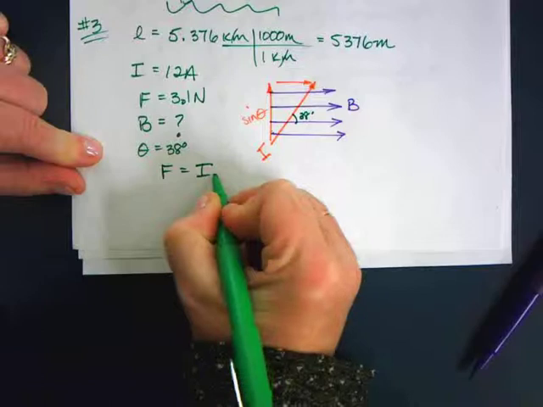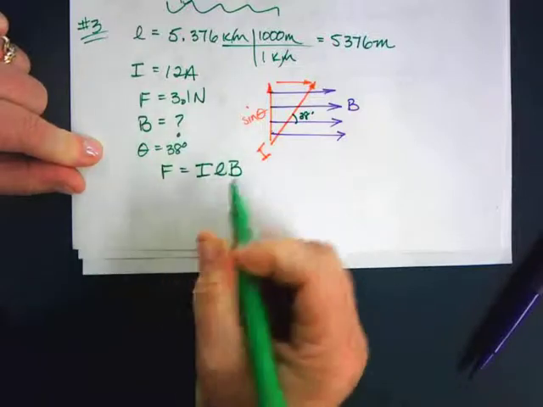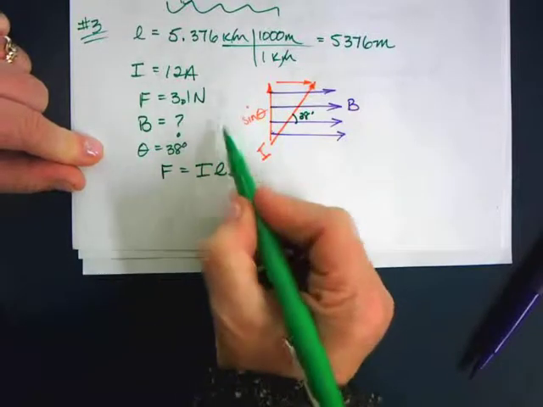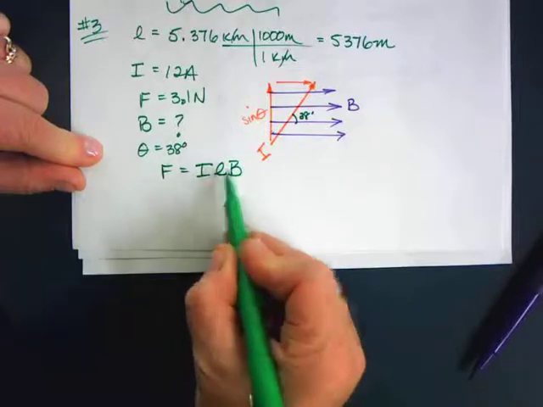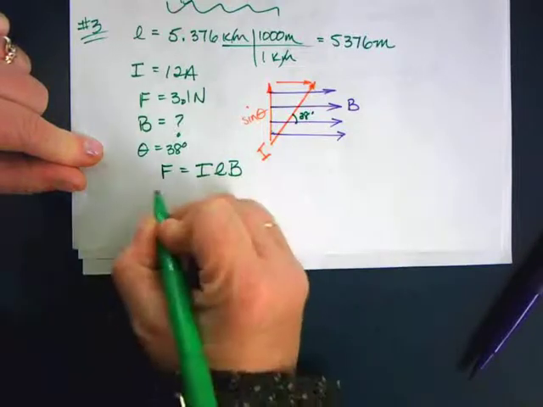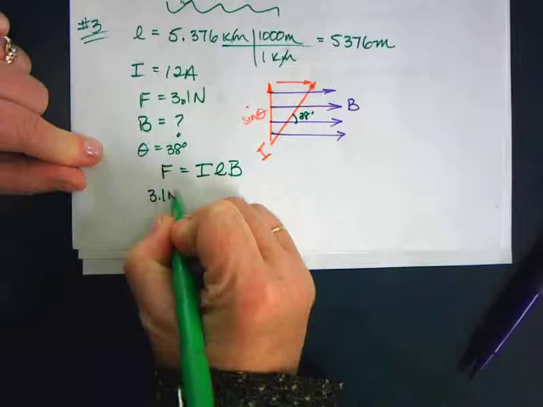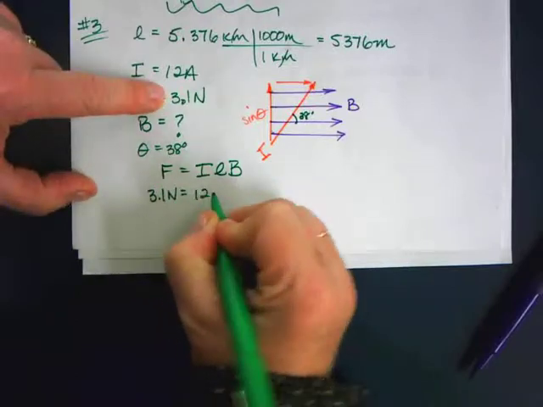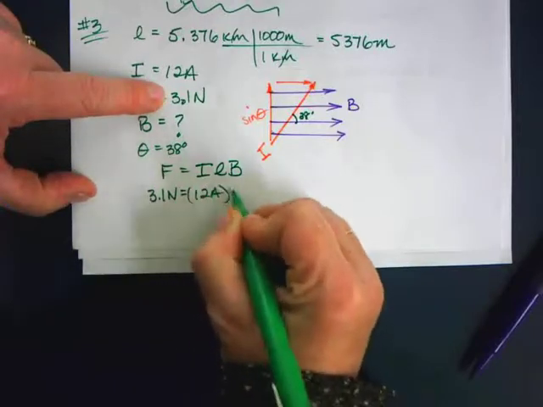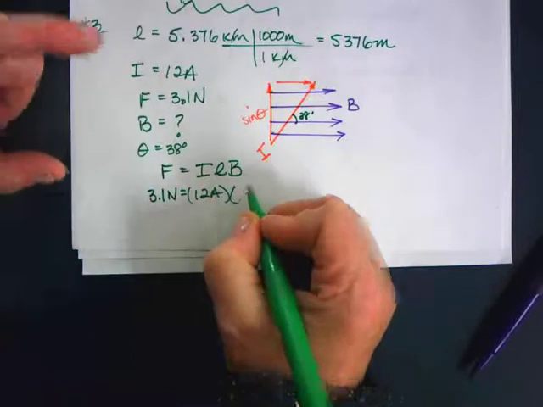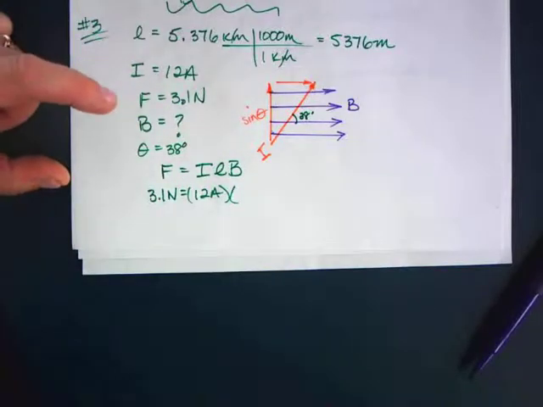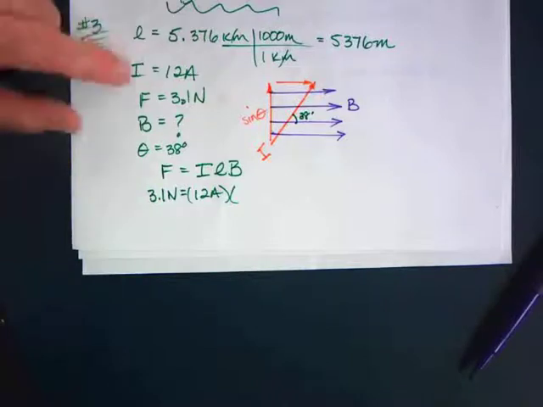All right, now back to the equation. Since we have current this time, we're going to use I, L, B. And it doesn't really matter what order you put the sine in. You can put it right here, you can put it right here. Doesn't matter. So the force is 3.1 newtons. The current is 12 amps. The length of the wire, were we given that?